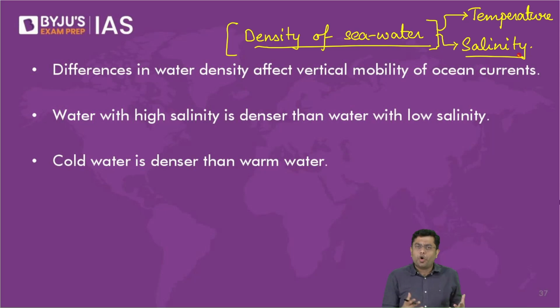If water is very warm or very hot, what do you think will be the impact on density? Will the density increase or will the density reduce when the water is very warm or hot?